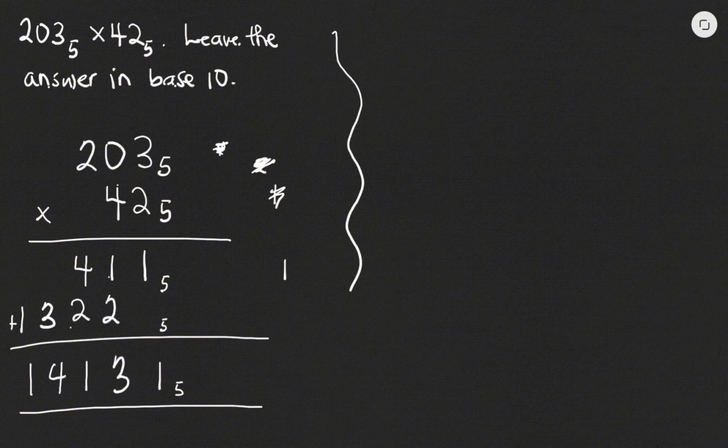Now remember, the question says we should leave our answer in base 10. So to do that, we convert 14131 base 5 to base 10. We do that by multiplying each individual number over here by the base, and then we power the base from right to left.